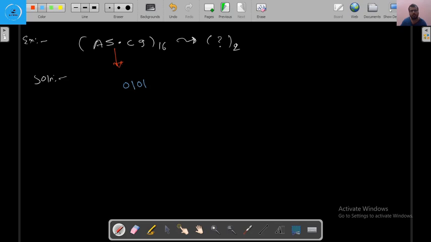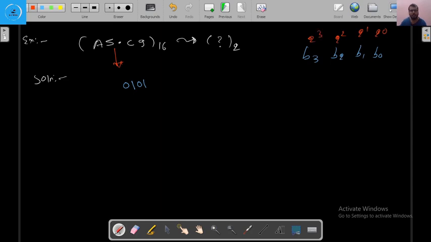These are 2 to power 3, 2 to power 2, 2 to power 1 and 2 to power 0. We know its weightage is 2 to power 0, 2 to power 1, 2 to power 2 and 2 to power 3.